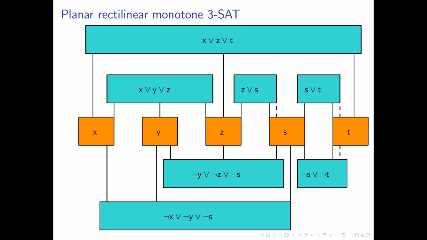And moreover, we require that if the clause is above the x-axis, all literals in it are positive, meaning there is no negation, and conversely, all the clauses below the axis are negative, meaning that all variables in them are negated. And each of the clauses is connected via a straight vertical line to the corresponding variables.